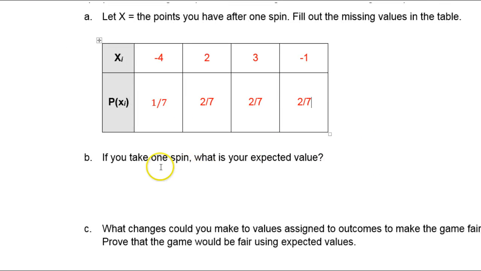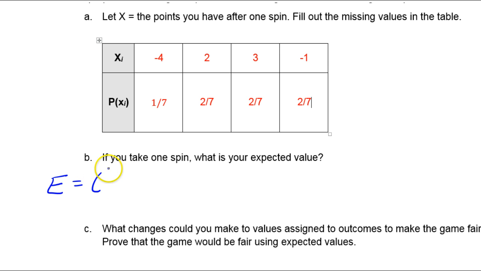Now, if you take 1 spin, what is your expected value? Well, as we've seen on every other problem so far, we know that expected value is going to be the probability times the value plus the probability times the value until you've done all of the probabilities and values.